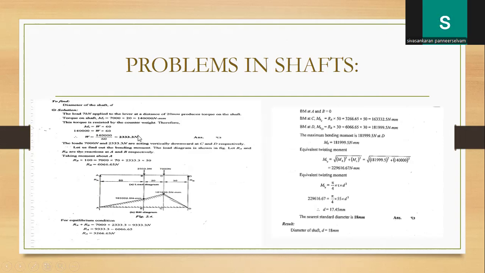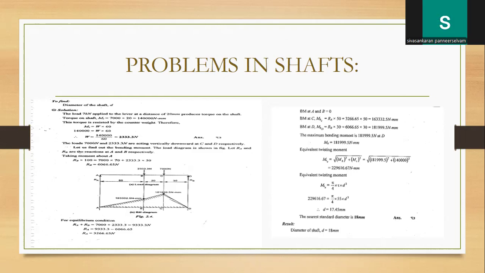Now we have two loads at points C and D. One is the counterweight, the other one is the weight due to the rope which is keyed on the lever. So there are two loads acting downward at points C and D respectively. Now let us find out the bending moment using the bending moment load diagram.